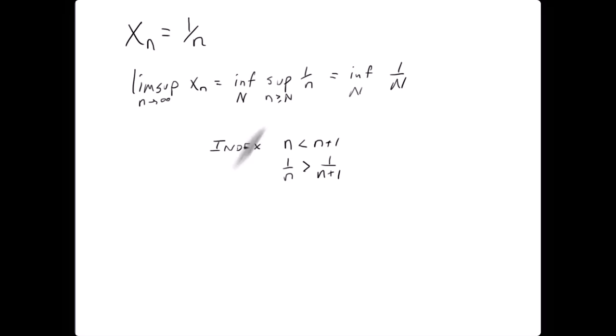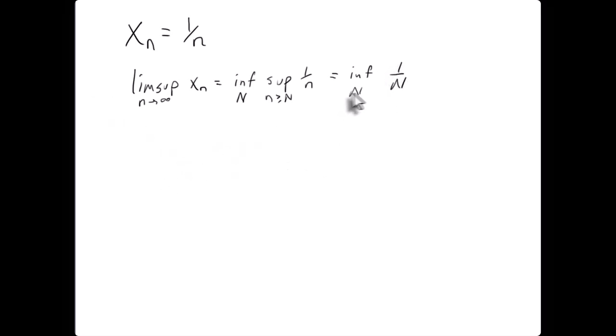Remember that the index is what you call the input, and the value is the output. And then the mapping is your sequence. So as my index increases, my value decreases, so the supremum is the first element. You have to prove this. Easy to prove.